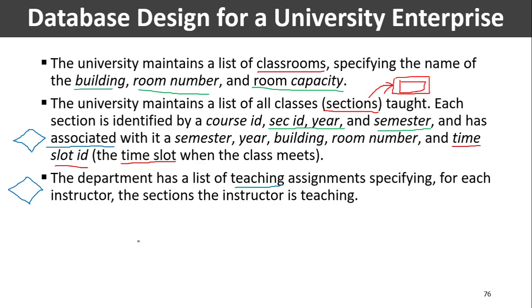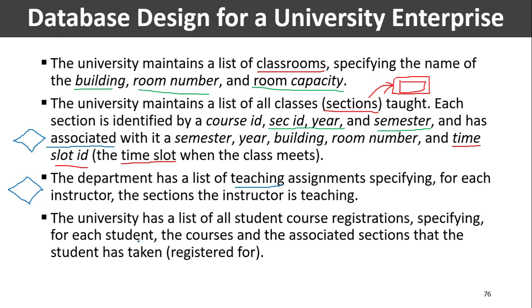Okay, now let us see the next statement. The university has a list of all student course registrations specifying for each student the courses and the associated sections that the student has taken or registered for. So what has been mentioned over here?